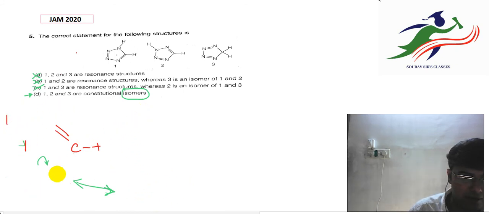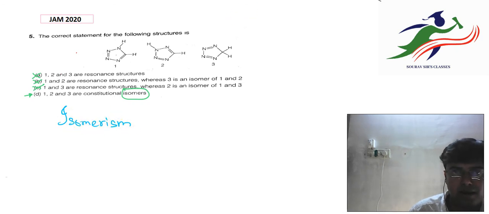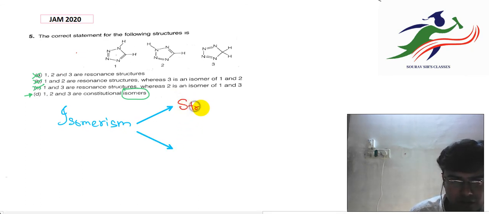Well, isomerism may be broadly classified into 2 categories. Number 1 is structural isomerism. Number 2, stereoisomerism.